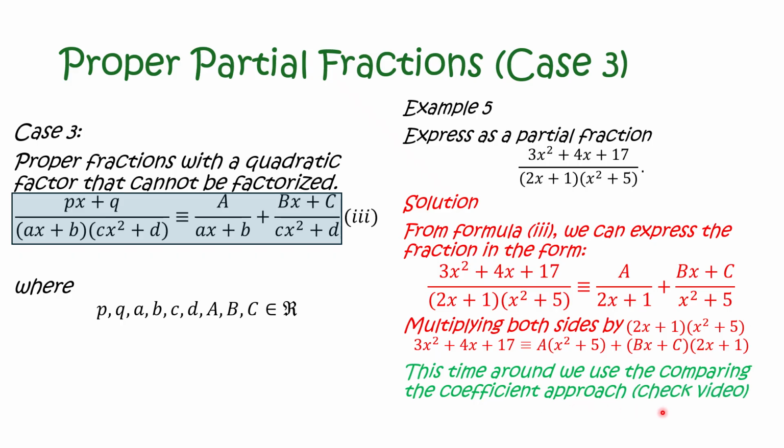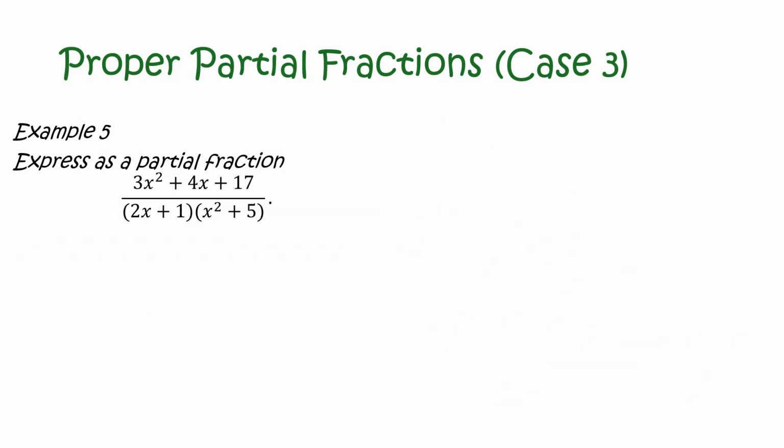This time around, we use the comparing the coefficient approach, unlike the other sections where we were just eliminating. But I encourage you also to check out our video on the comparing the coefficient approach. We cover this method in great detail.